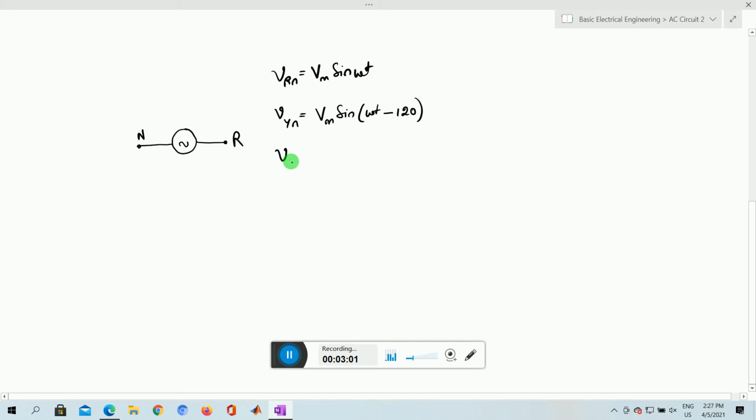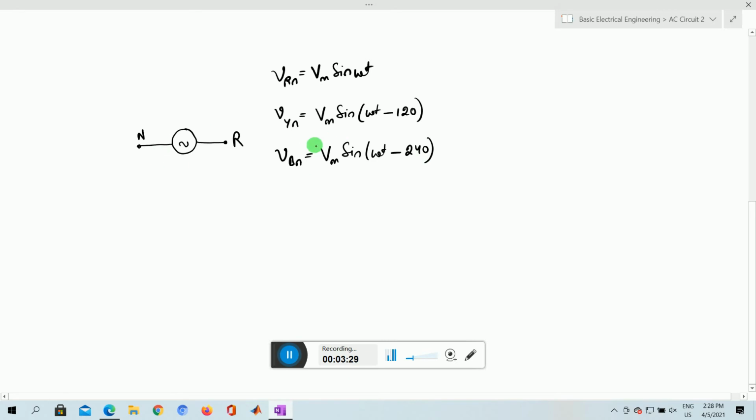Another voltage we can represent as VBN, which equals Vm sine of omega t minus 240 degree. That is, in time, the phase voltage of B is displaced from Y by an angle of 120, or with respect to R, it is displaced by an angle of 240 in time.